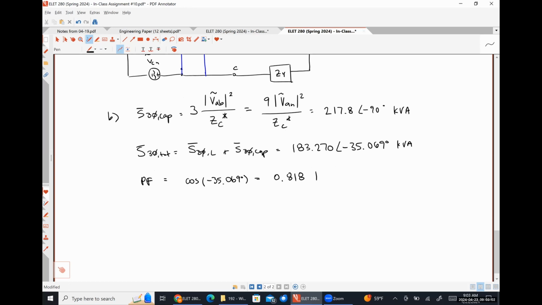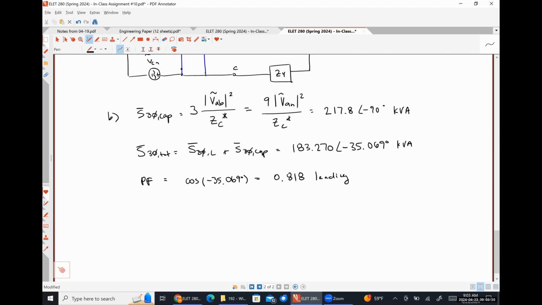Leading because the angle was negative. So a vastly different power factor because we connected our capacitor bank in a different way. Okay.